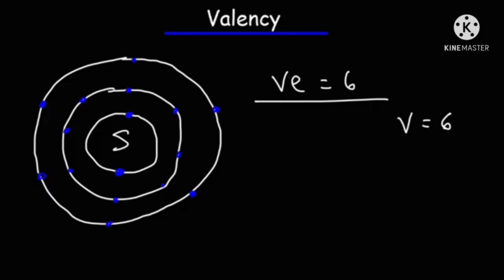Suppose if it acquires 2 electrons in the outermost shell, then it becomes stabilized by having 8 electrons in the outermost orbit. Okay, in the outermost orbit always it has to be 8 electrons.